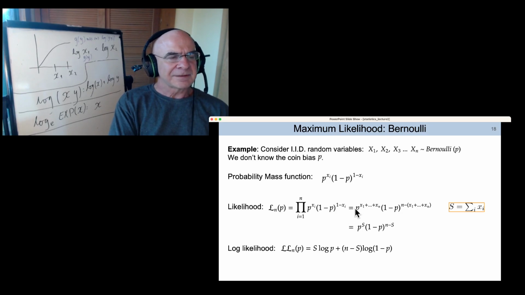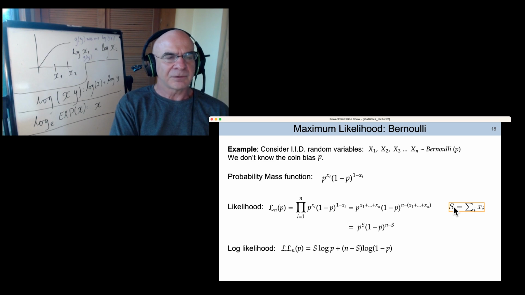Which is just this interesting expression that contains, collect all the xi's which are 1, so p to the power of all the xi's that are 1, and n minus all the xi's that are 1 leave us with 1 minus p to the power of all the tails, all the zeros that you get.